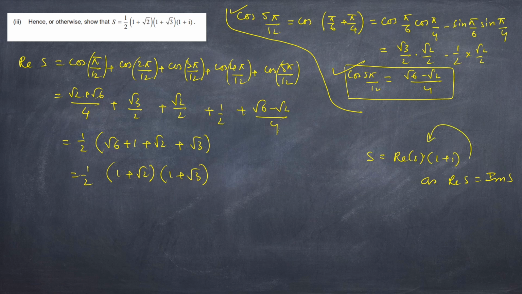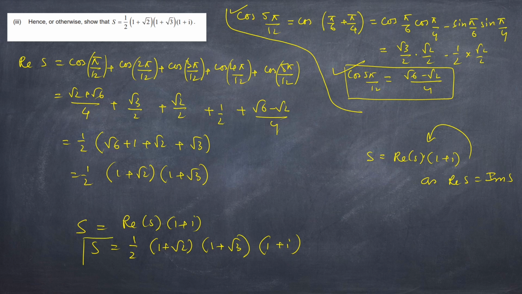So we can use this formula: the sum is equal to real sum into (1 plus i). So we can write the real sum is 1 by 2, (1 plus root 2) into (1 plus root 3), and this part, that is 1 plus i, is multiplied. So the value of S is determined. In this way this problem is also done.